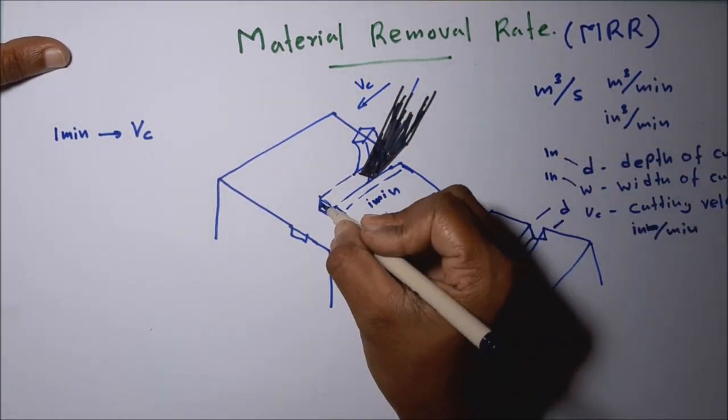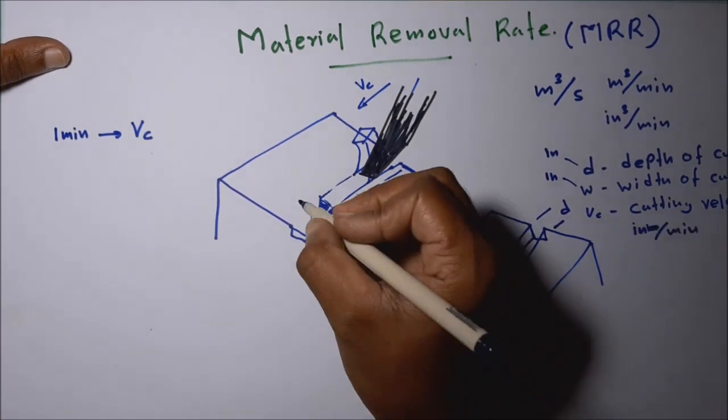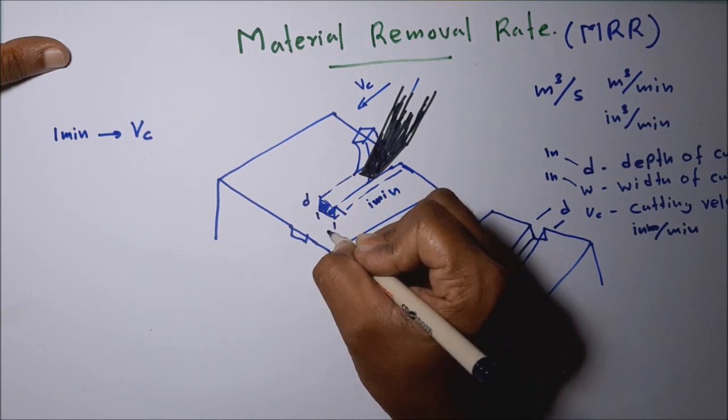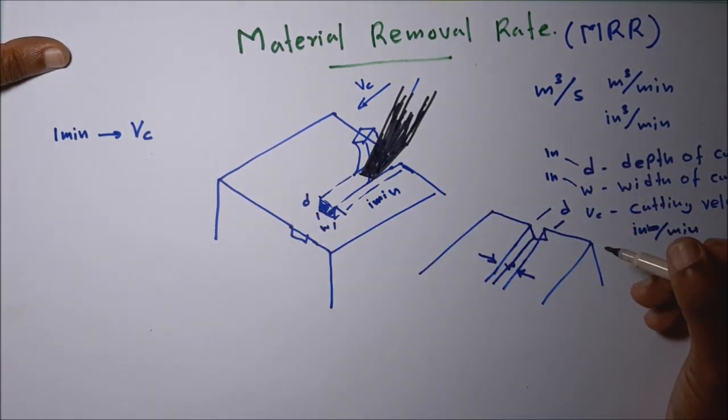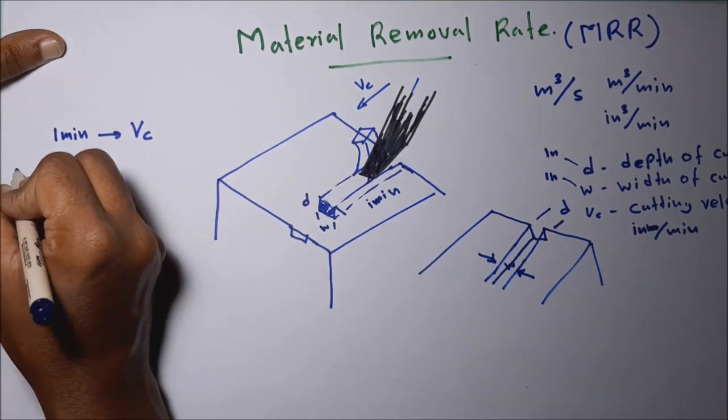So what is this cross section? That is equal to d into w, because depth is d and this one is w. Okay, so what is the volume removed in 1 minute?